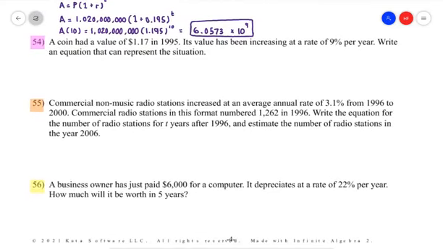Number 54, a coin had a value of $1.17 in 1995. Its value has been increasing at a rate of 9% per year. I want to write the equation to represent this situation. So we don't have a value to find, we're just writing the equation.